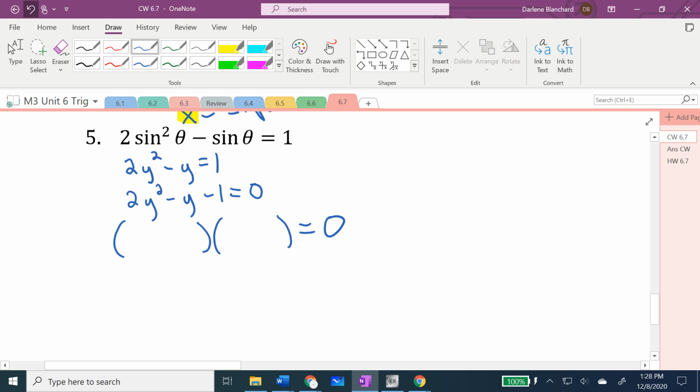Let's see how everyone's doing with factoring. Do you want me to talk through the whole factoring process with the diamond and the square? Or is that too much?